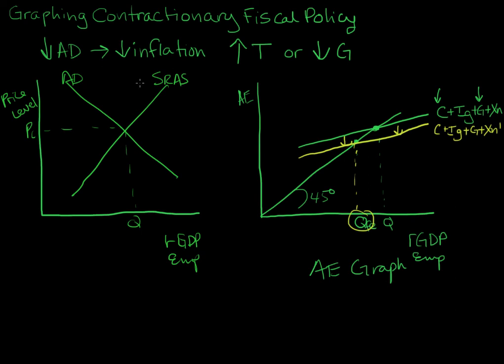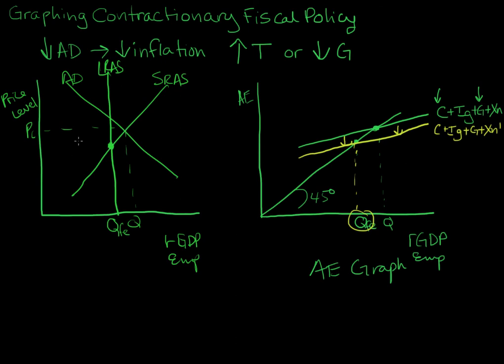The goal, again, long run, full employment is going to be to the left here. So our long run aggregate supply curve is right here. And so our goal is right there.